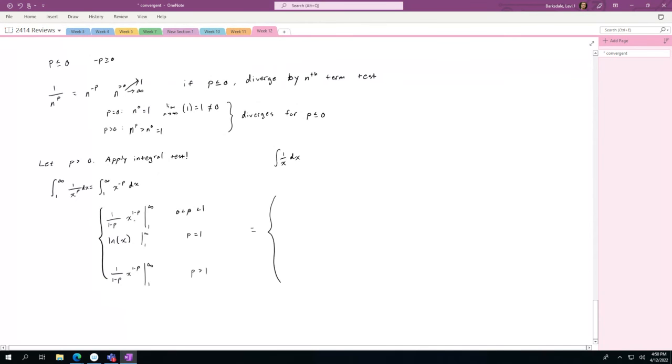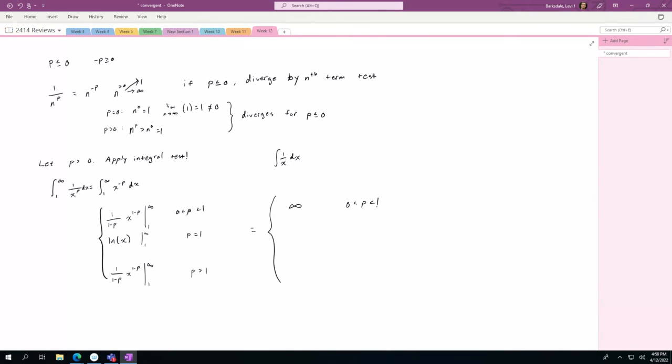Well, in this case, I have x to a power bigger than 0, right? Well, infinity to a power larger than 0, that's still infinity, right? So I end up with infinity for 0 smaller than p smaller than 1. Now, what's the natural log of infinity?